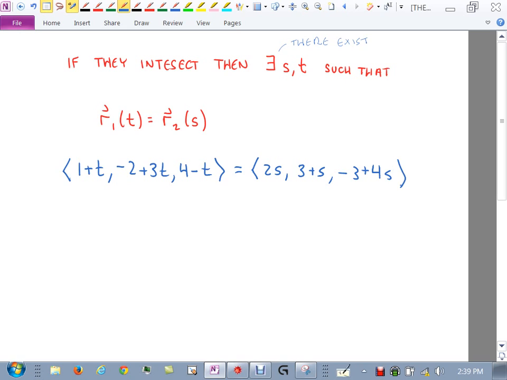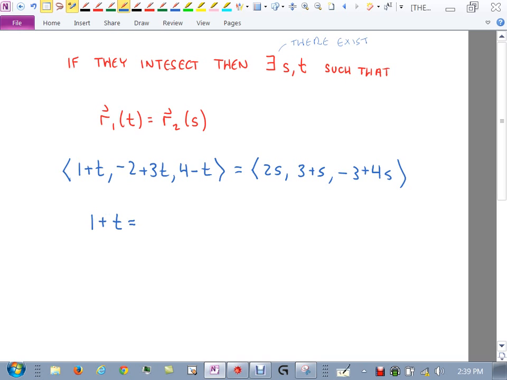What is the only way that two vectors can be equivalent? Their components have to match. This component has to match that component. This component has to match this component. This component has to match this component. Well, guess what we have if we match the components? We have a system of equations.